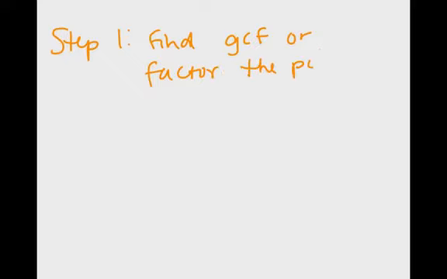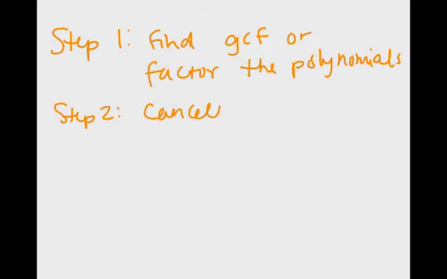Step 1 would be we find the greatest common factor, or factor the polynomial. So the polynomial, so that's all the parts of the fraction. Step 2 is we're going to cancel out like terms.